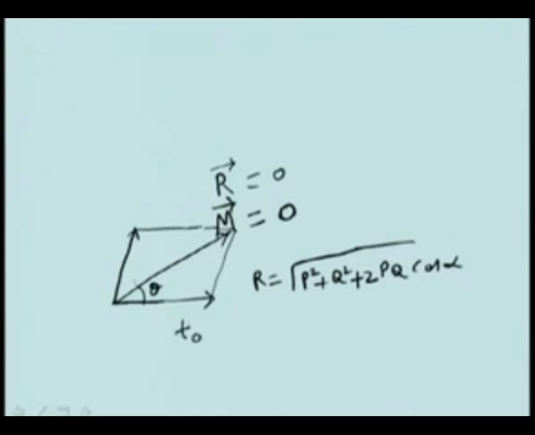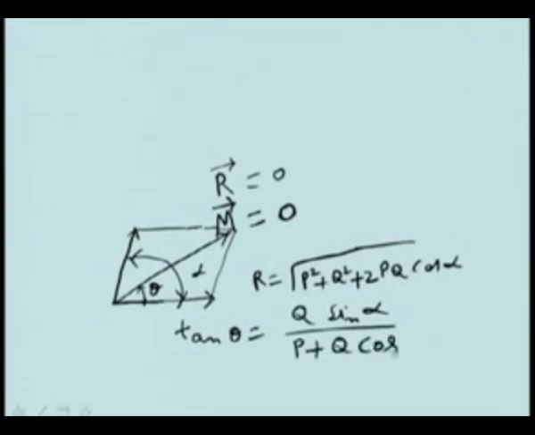Therefore, tan theta is equal to Q sin alpha divided by P plus Q cos alpha. That is the thing, so theta is the direction. We will be discussing this in the next lecture.